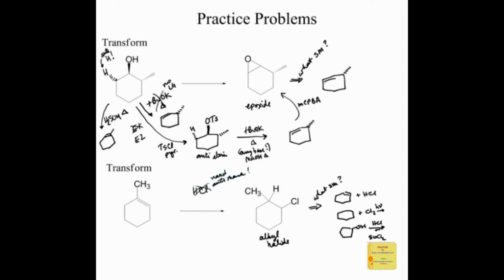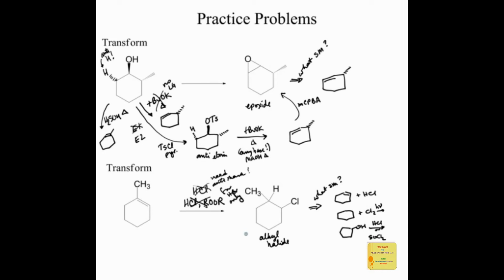We need anti-Markovnikov. Okay, well, how about, hey, I saw this trick before with HBr. How about if I did HCl but in the presence of peroxides? Would that then initiate a radical mechanism and cause anti-Markovnikov addition of HCl? Unfortunately, no. This is for HBr only.